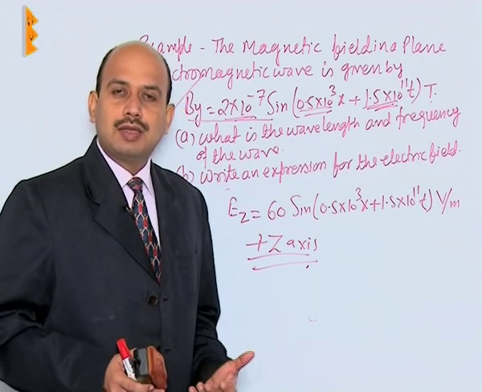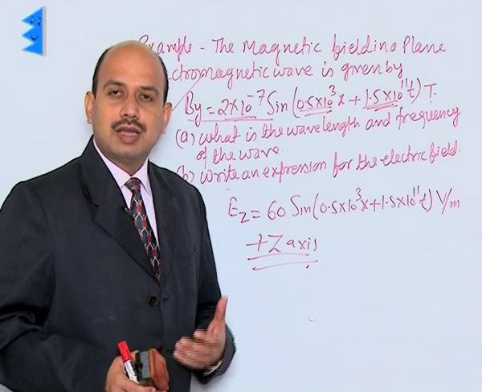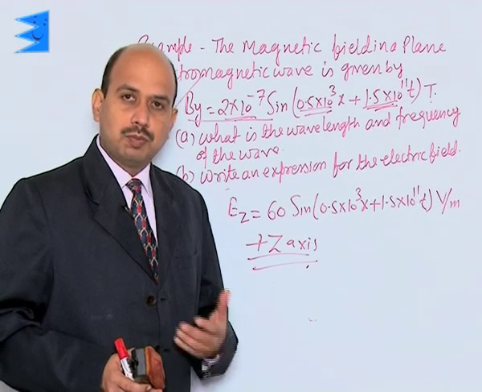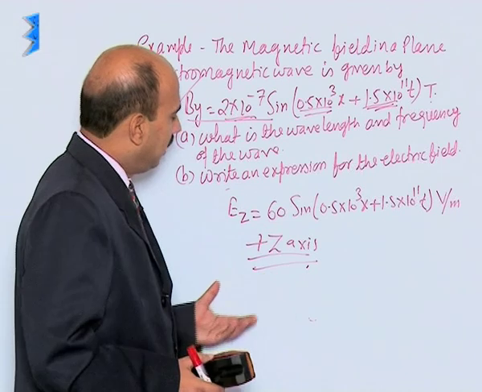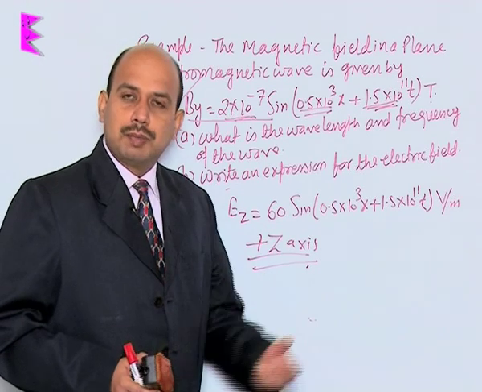So, we know in electromagnetic waves, electric and magnetic fields oscillate perpendicular to each other. So, obviously, electric field has to be along the plus z axis.